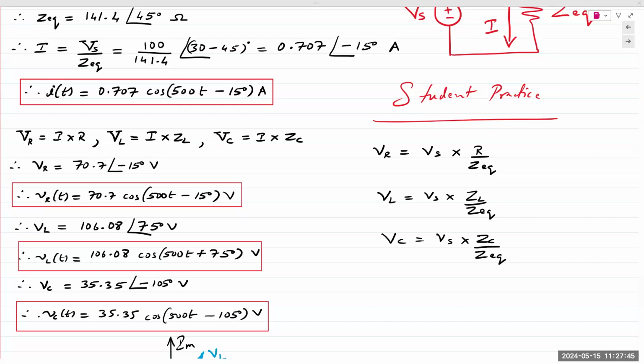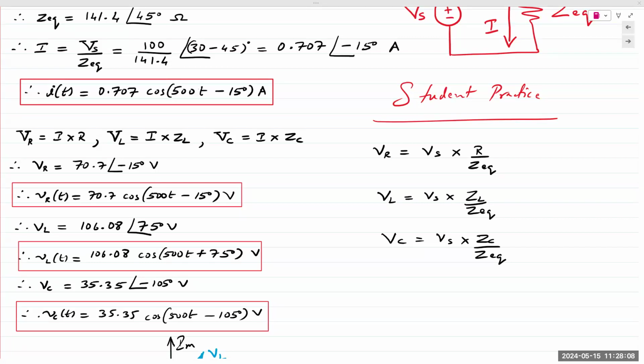Typically, when I was a student, even if it was never asked, I would always write the final answer as a function of time, just to be safe. Okay, so I of t, magnitude 0.707, phase angle minus 15.